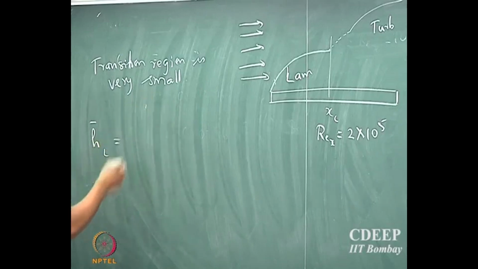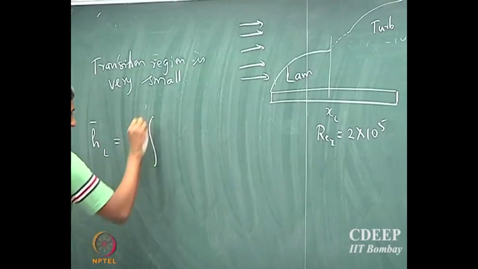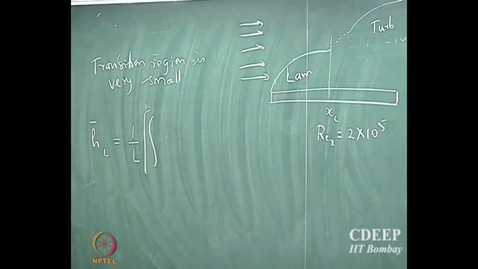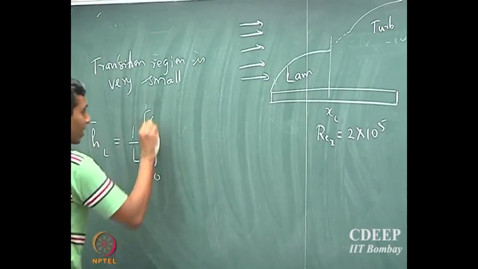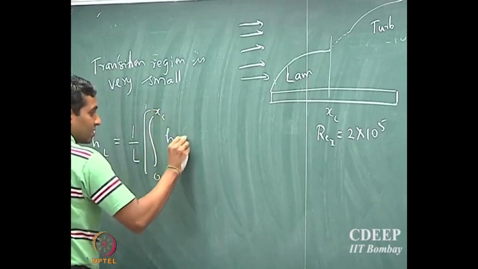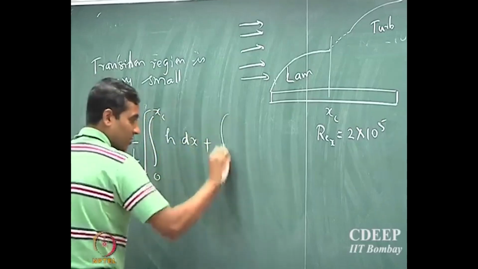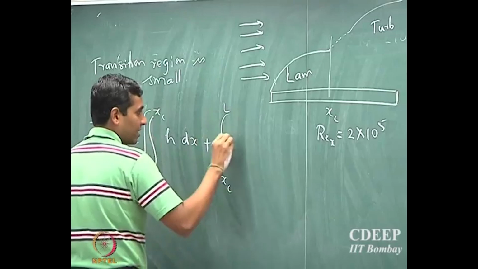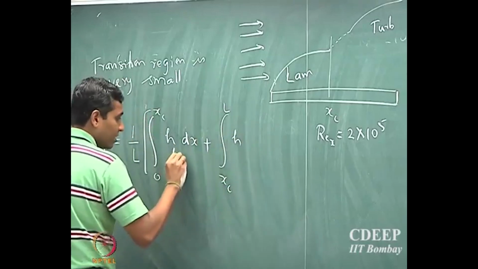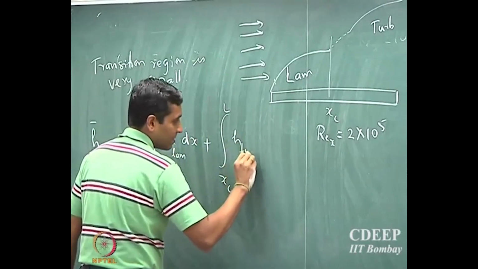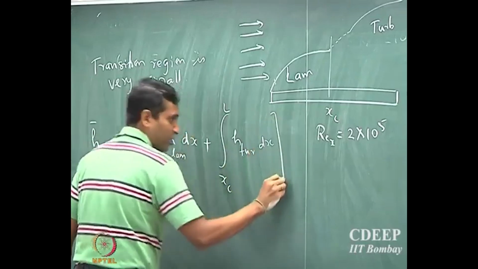So if we assume that it's very small, then one could define average heat transport coefficient for mixed hydrodynamic condition, that is you have laminar and turbulent, simply as integral 0 to xc dx plus integral xc to L. So this is laminar heat transport coefficient and turbulent heat transport coefficient, okay.